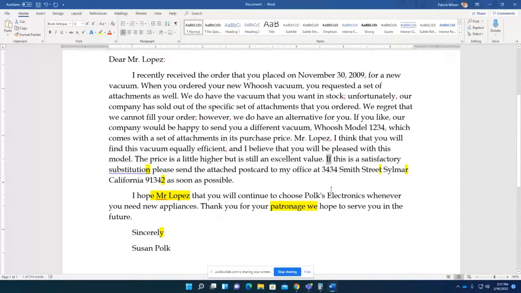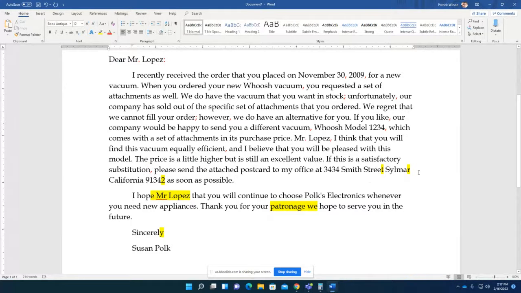It's a dependent clause, meaning it can't stand on its own. It needs something that's independent. So a comma is needed at some point in the sentence. It comes after substitution because where it starts with please, that is really our complete thought, our independent clause. So we need to put a comma there.